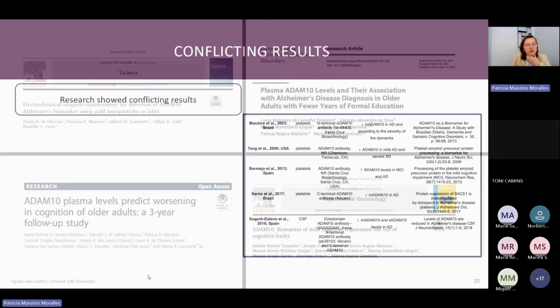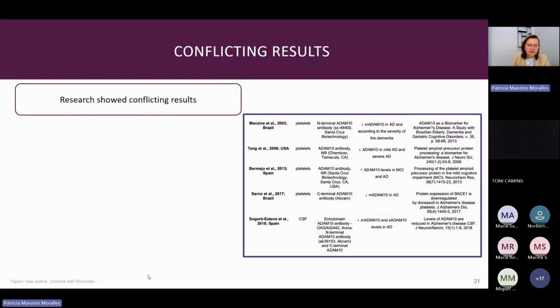Based on our previous studies and others in the literature, we observed some conflicting results, some of which showed increased levels of EDN10 in platelets, which is the opposite of what we observed.